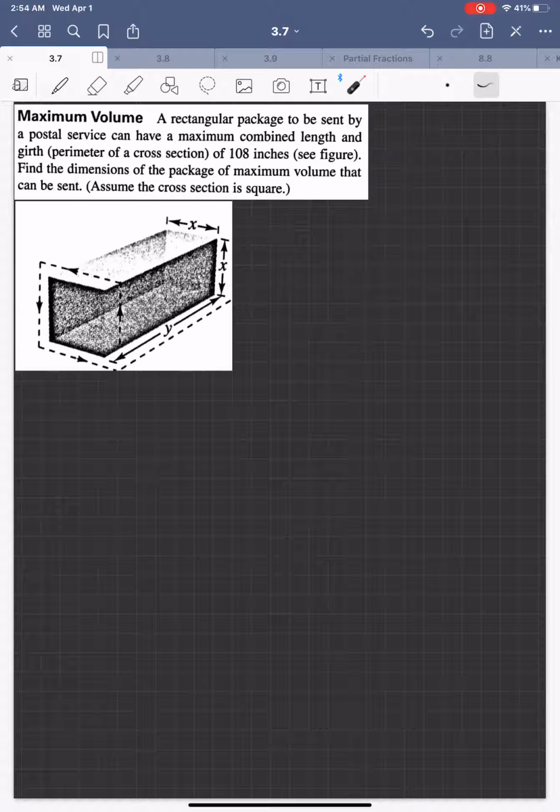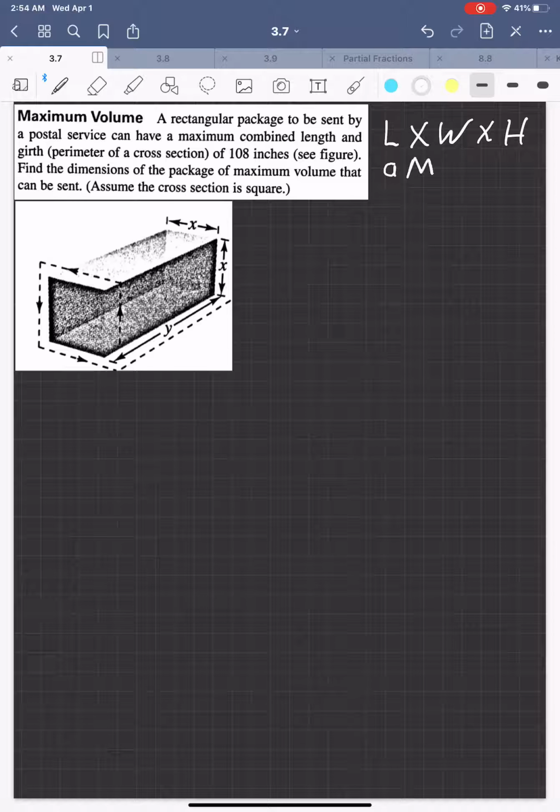That's why a lot of times if you walk into the post office, they will get a tape measure out and measure a box just to make sure that it meets the requirements before it can be sent. Now, our job is as follows. We want to find the dimensions of this package, the length times the width times the height, that produce a maximum volume.